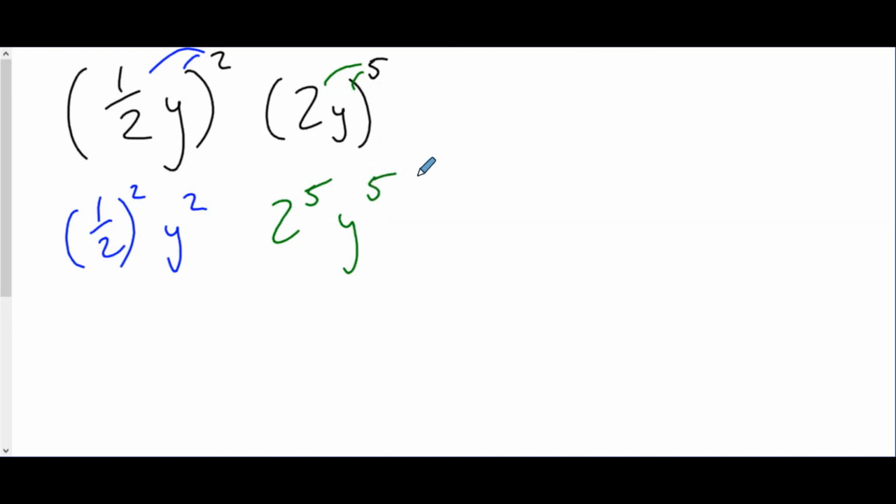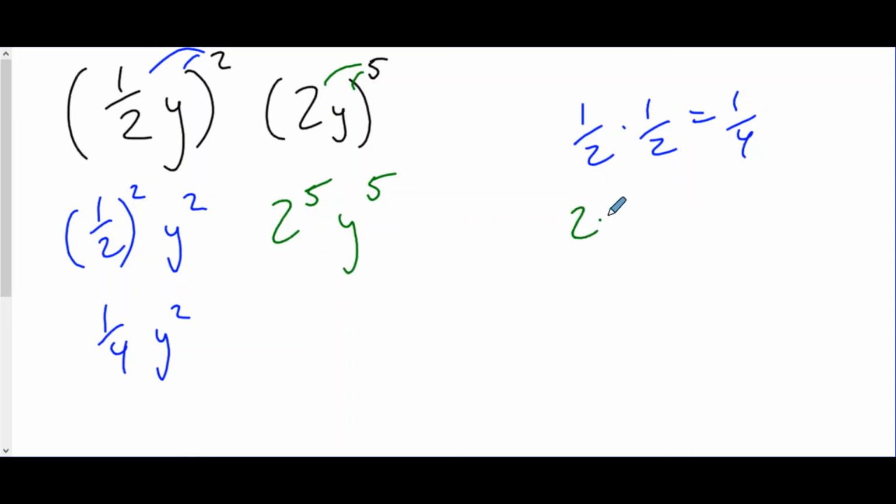All right, 1/2 squared, that's the same as 1/2 times 1/2. Multiply across, we would get 1/4, y squared. 2 to the 5th. All right, so we got 2 times 2 is 4, times another 2 is 8, times another 2 is 16, times one more 2 is 32, y to the 5th, and then I can combine these.